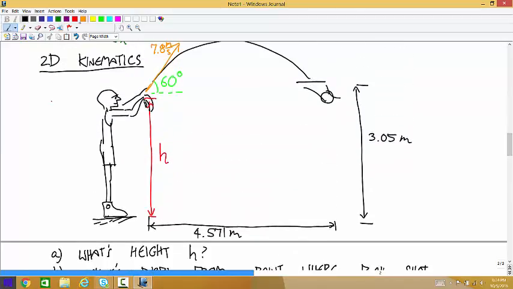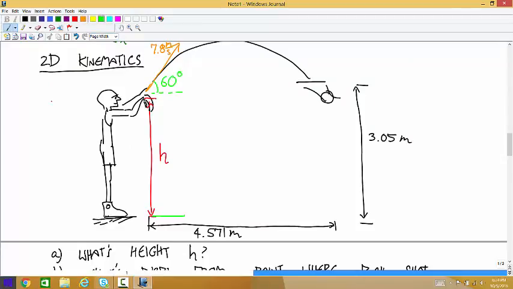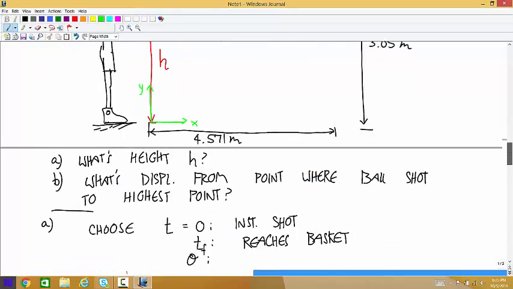And then for the coordinate system and the origin, I'm going to do what I do almost all the time. I'm going to put the origin on the ground beneath the object at time equals 0, and the y-axis up and the x-axis horizontal in the direction of motion.